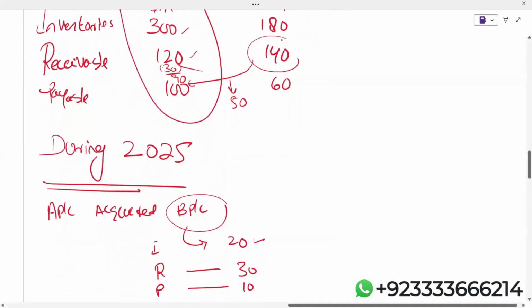So the concept is, if you have acquired a subsidiary during the year, first exclude the effect of working capital from the closing balances of the group SOFP and then take the difference of inventory, receivables and payables.